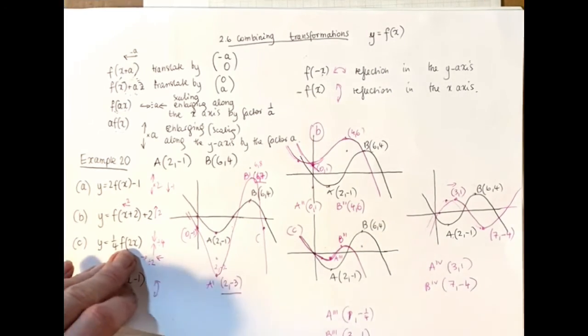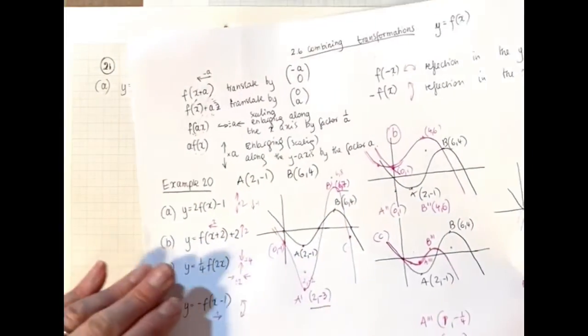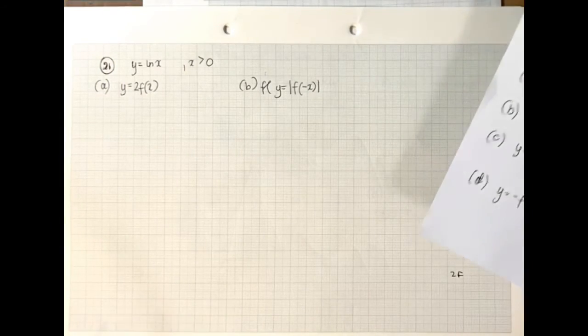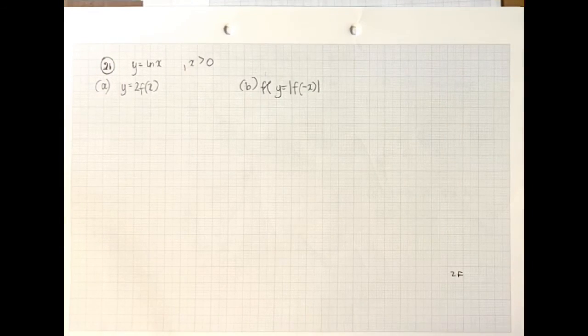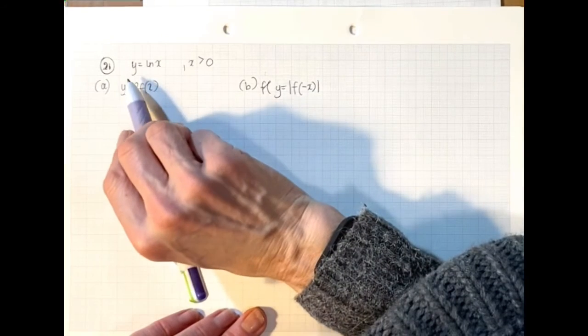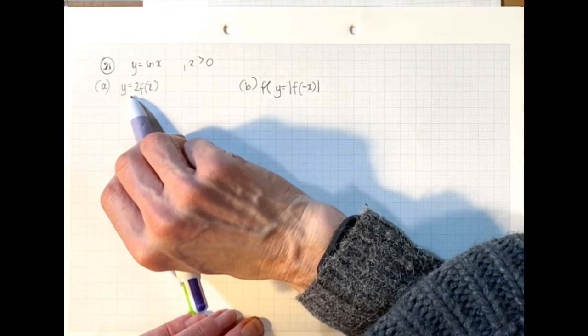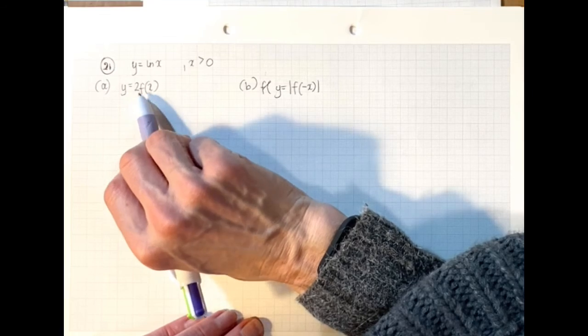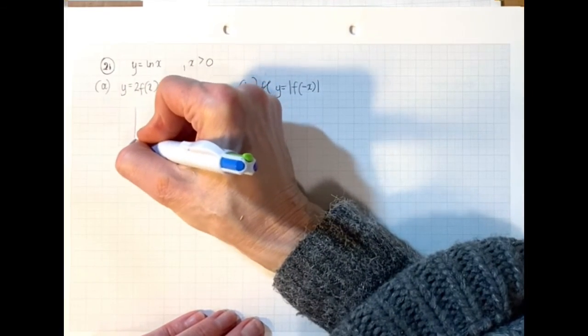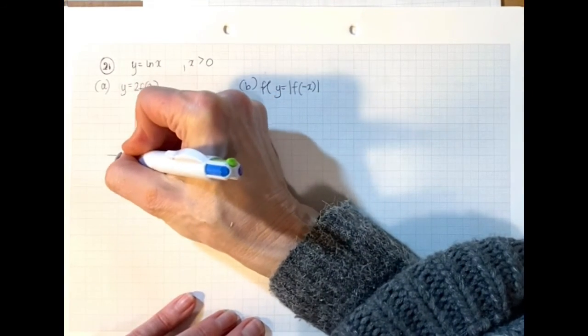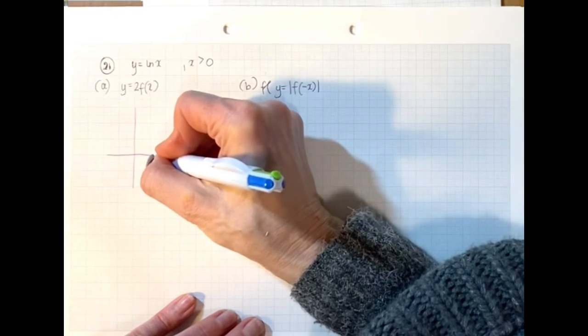Okay, one more example, example 21. So over here we've got the graph of ln x, and we need to sketch y equals 2 f of x. So ln x should be a graph that you can draw automatically.